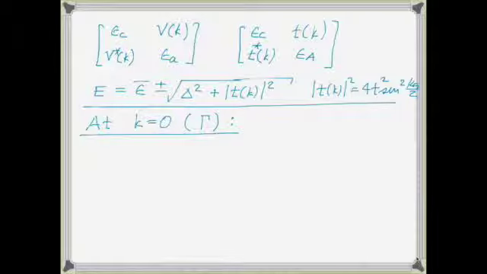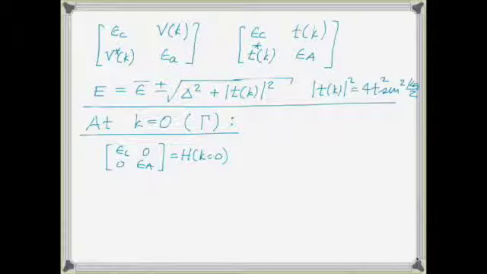And so at K equals 0, your Hamiltonian is just EC 0, 0, EA. Right? That's your Hamiltonian at K equals 0. And so, I don't need to do anything fancy.